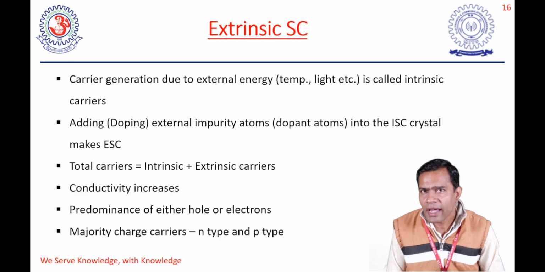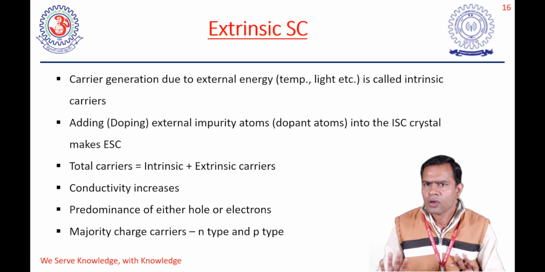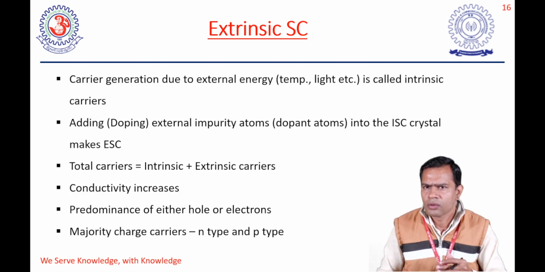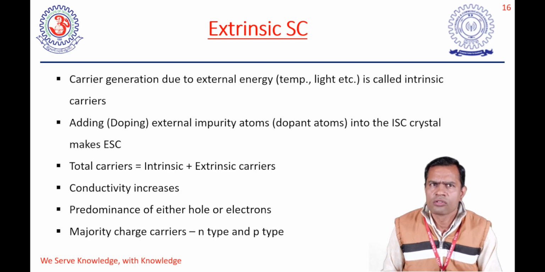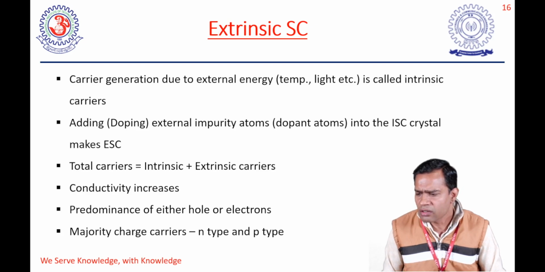Now come to the extrinsic semiconductor, which is required to manufacture our electronic devices. Here we can see carrier generation due to external energy like temperature and light, or using doping.